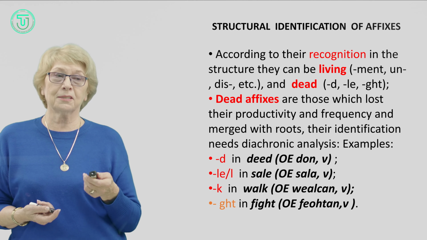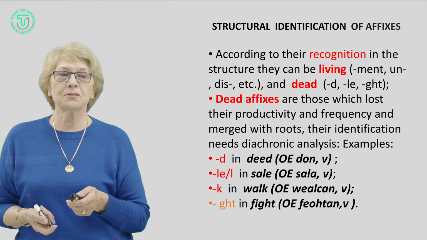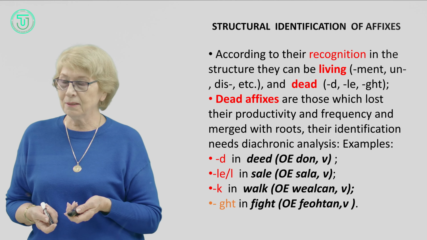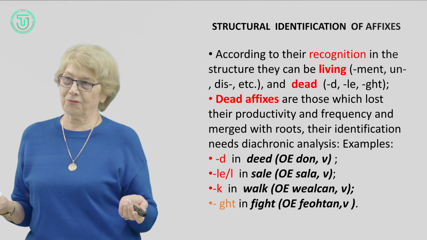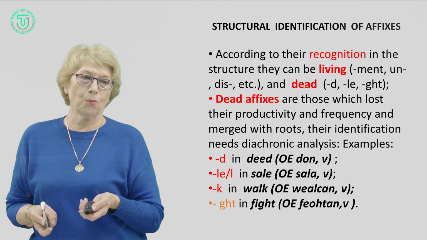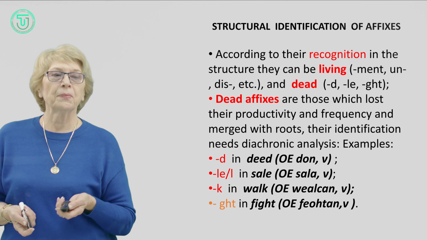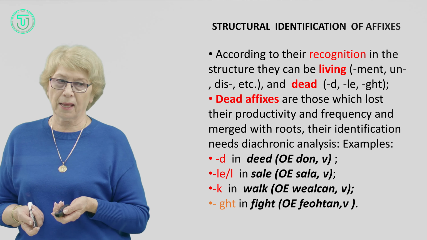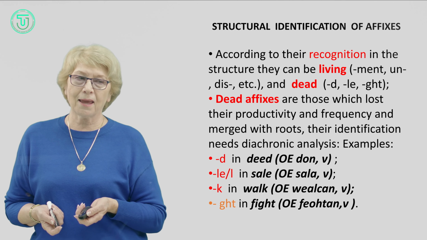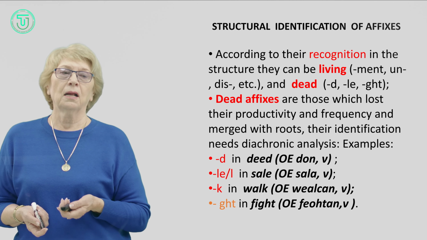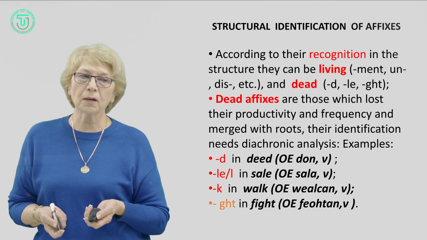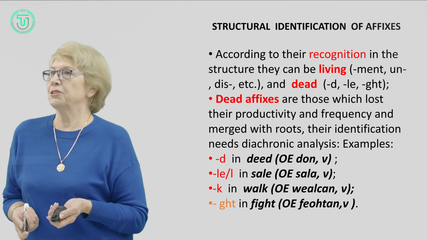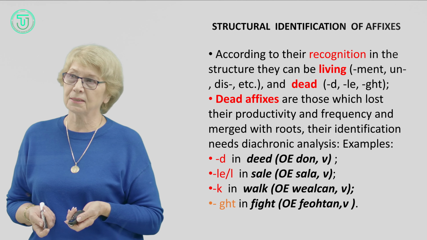That means that diachronically, this ed at the end of deed is a dead suffix, because we don't use it anymore for making new words. The same we can say about le, or just l, in the noun sail, k in the noun walk, ght in the noun fight.